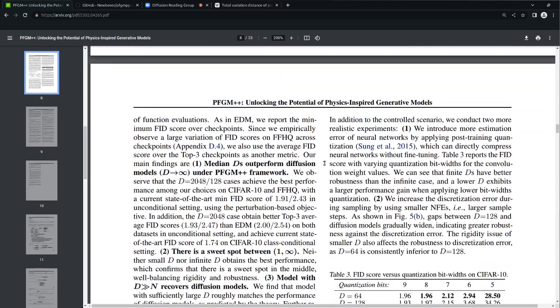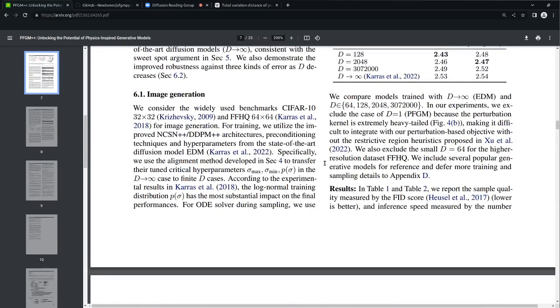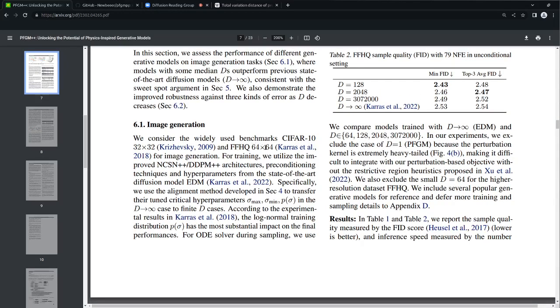Let's see, I'm sure I saw it. Okay, FFHQ 64 by 64. Oh, okay, so it's not the full resolution.